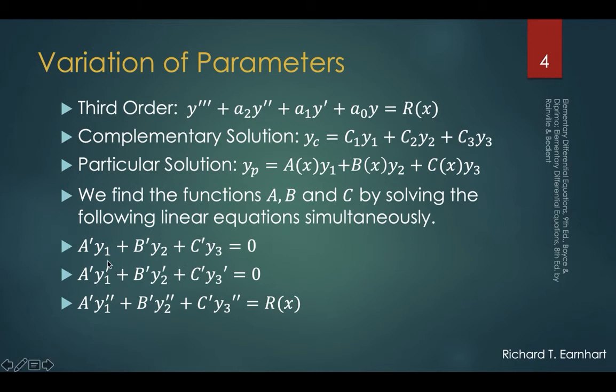Our unknowns will be a prime, b prime, c prime. We have y1 for the first equation, its first derivative for the second equation, and its second derivative for the third equation. The same is true with y2 and y3. For the first two equations, the right hand side is 0, but in the third equation, we write down whatever we have for r of x.